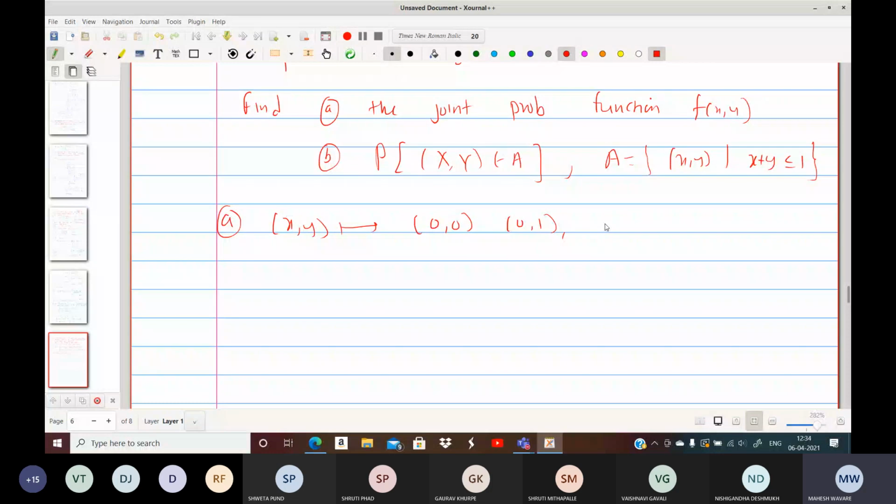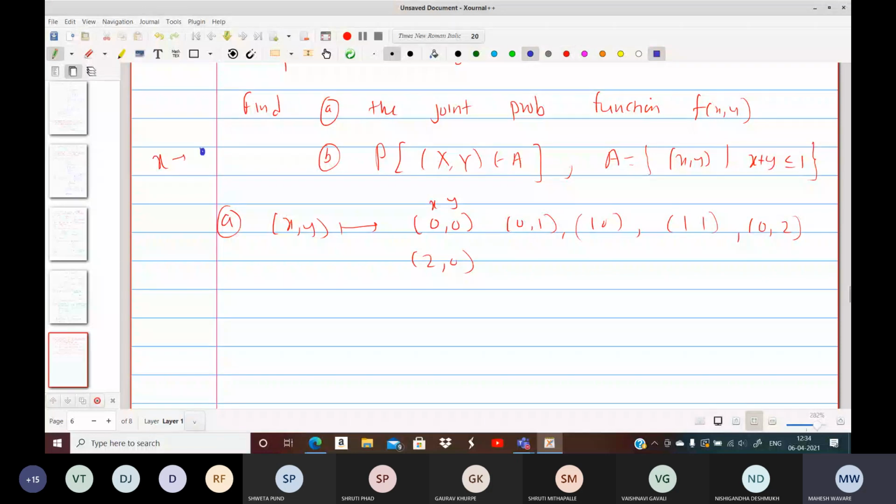The first is for x and the other is for y. X is for blue, as I mentioned in the color, and y is for red. So these are the only possible values of x and y.